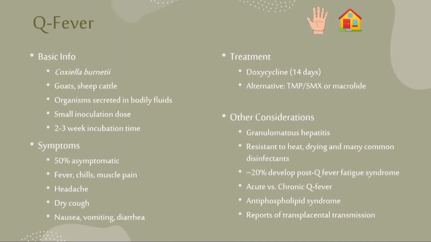You see antiphospholipid syndrome is listed there, so I'm going to have to put my 2 cents worth in there. So antiphospholipid syndrome, I thought this was very interesting, and it was listed in multiple different resources, that if you have antiphospholipid syndrome and you have active antibodies for that, then you have a much higher risk of severe complications with Q fever.